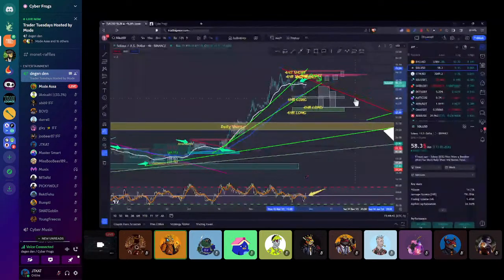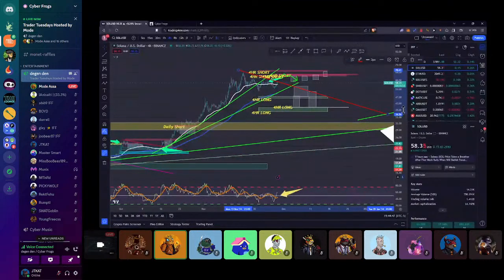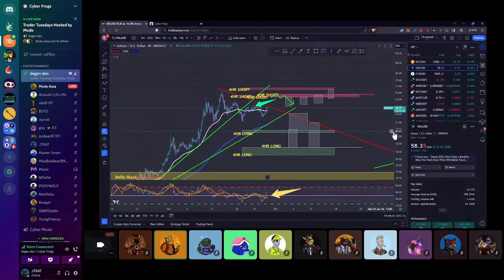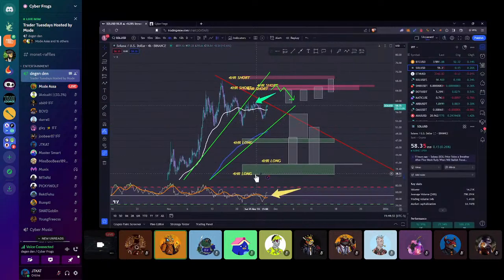You know, there's nothing wrong with having a trade get stopped out. You're not going to be right every single time. All we can look at is the indicators that we have and manage our risk.